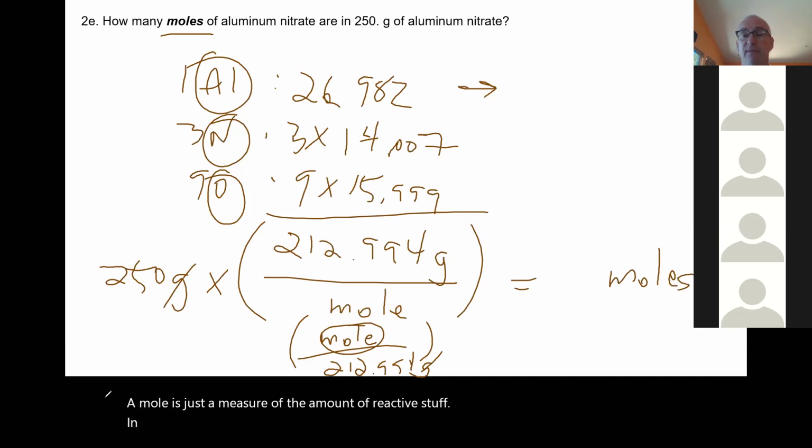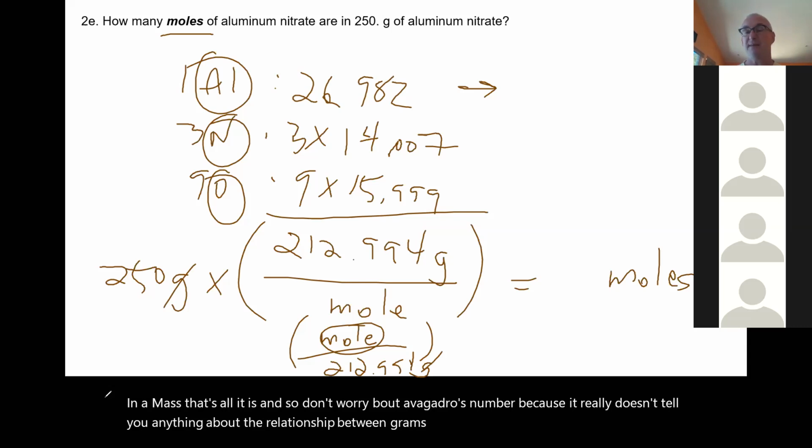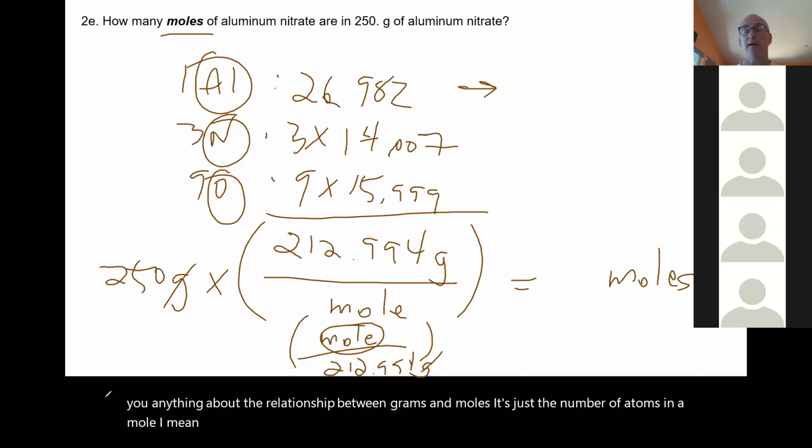That's all it is. And so don't worry about Avogadro's number because it really doesn't tell you anything about the relationship between grams and moles. That's just the number of atoms in a mole, and we generally do not care about the number of atoms because we're not calculating them, okay?